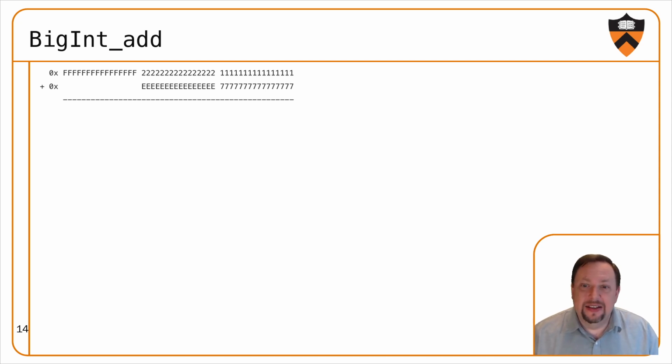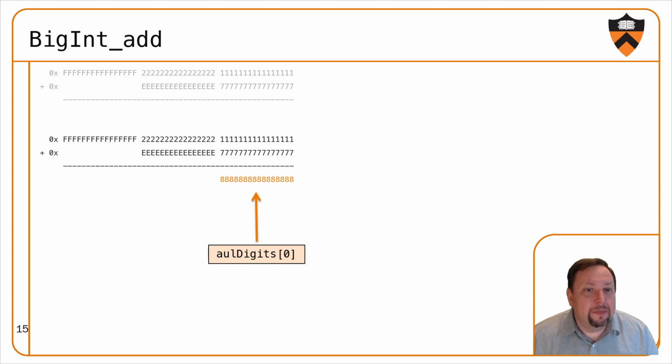We add this digit consisting of a bunch of 1s and a bunch of 7s, and this is in hex, of course. And we get a bunch of 8s. And notice that these numbers are stored so that the least significant digit is always stored first. So this is little endian storage, if you recall the discussion of little versus big endian.